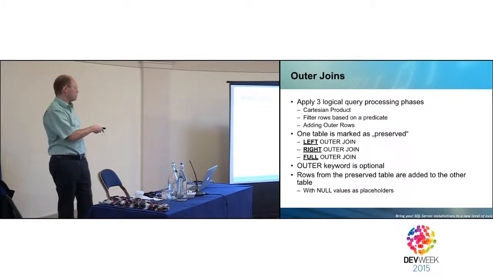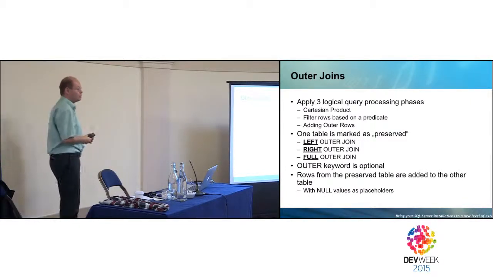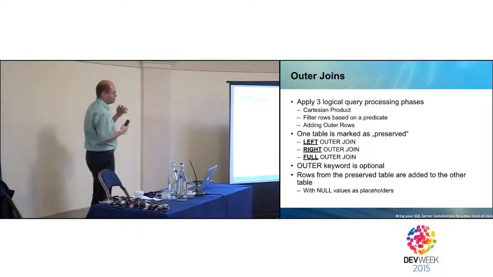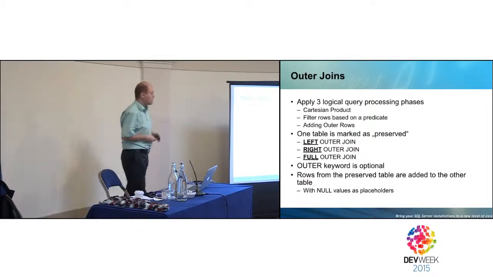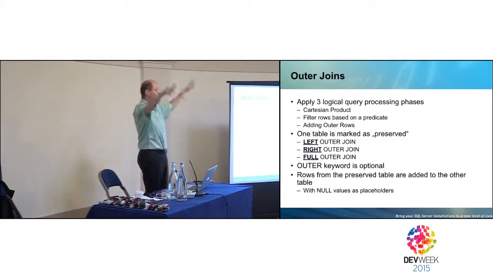When you make a right join, the right table is the preserved one, means you get null extended rows for the left table, table A, and with a full outer join, both tables are preserved. Okay, so the third phase here is to add those outer rows.